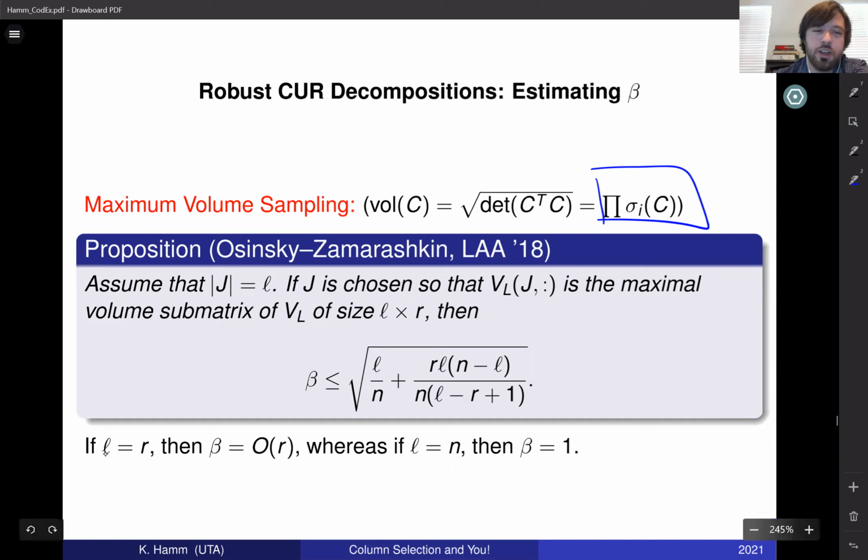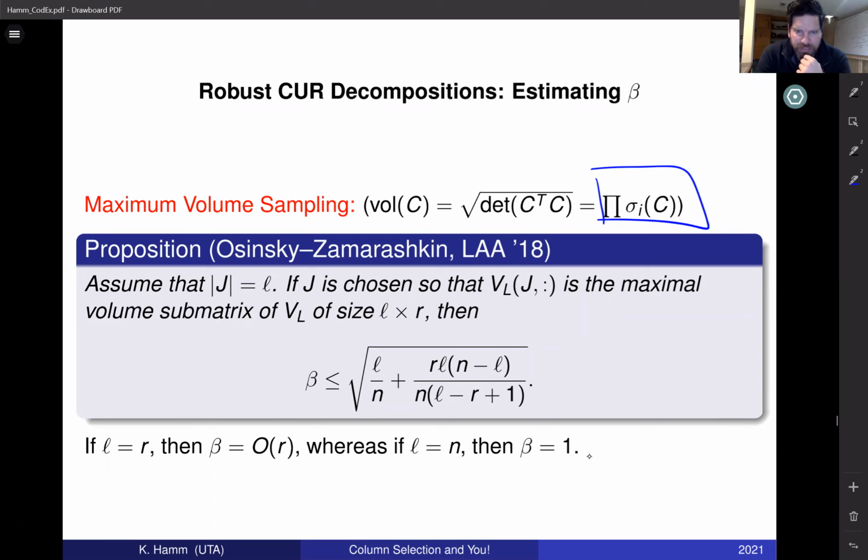The smallest number of columns I have to choose to hit the rank constraint is R. So if I choose L as R, then beta is order R. Or if I choose all of the columns, which I shouldn't do, then beta is 1, because then I have all the singular vectors, so that quantity is the identity. And the bound on beta is decreasing as L goes from R to N.